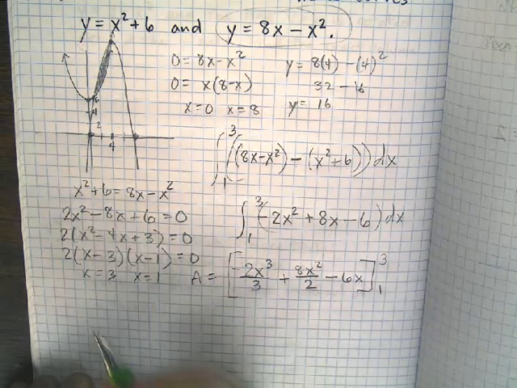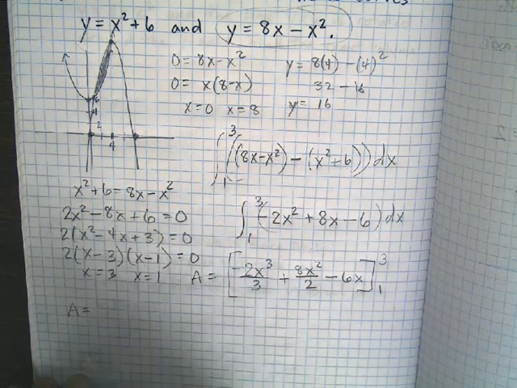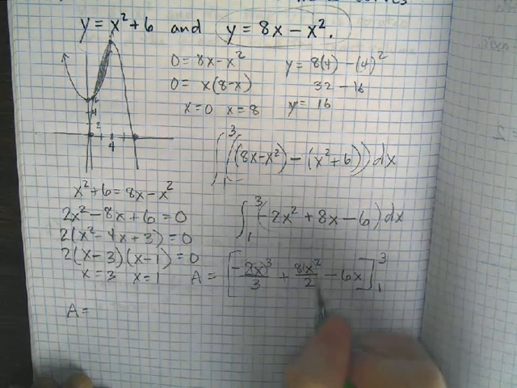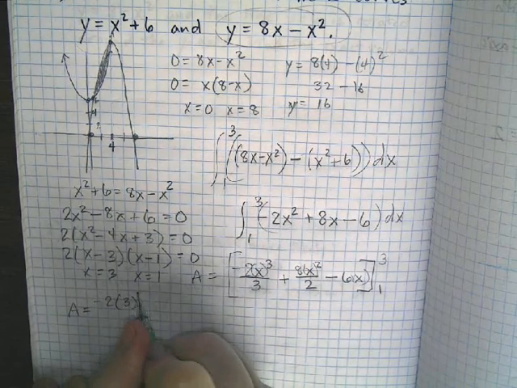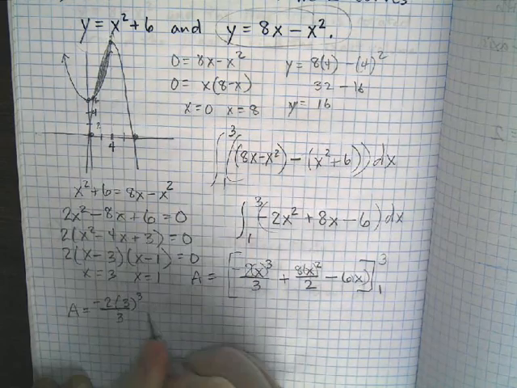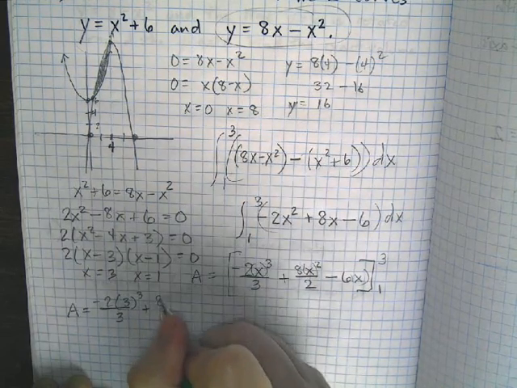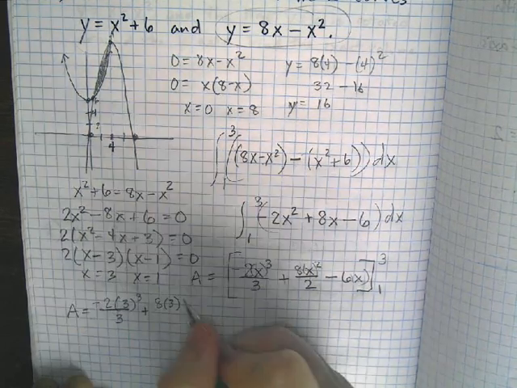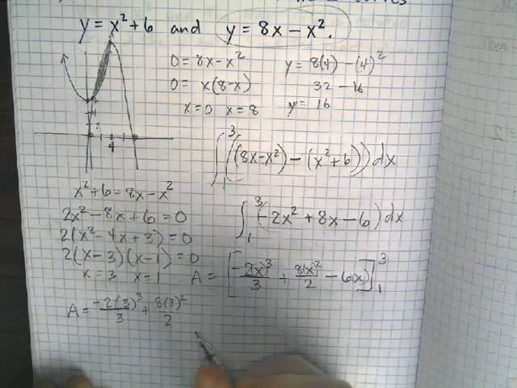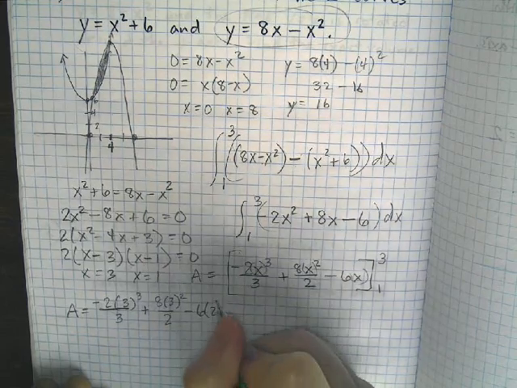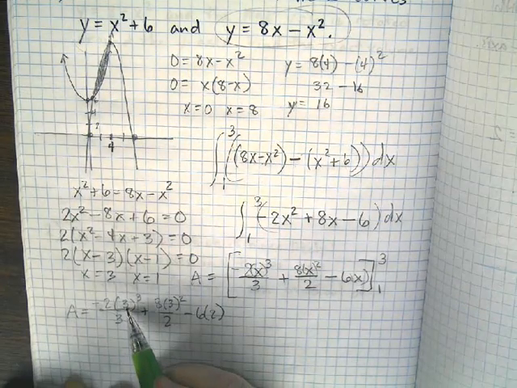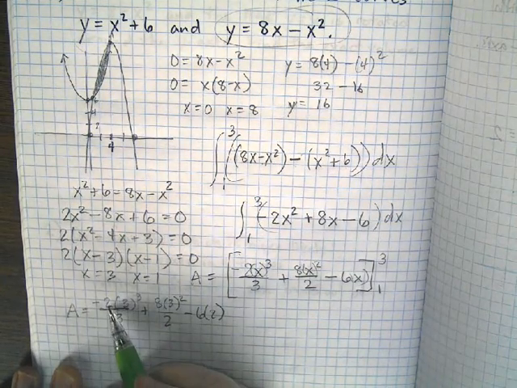So my area is going to be, I'm going to substitute in my 3 first. So I'm going to have negative 2 times 3 cubed over 3 plus 8 times 3 squared over 2 minus 6 times 2. So 3 cubed is 27. 27 times 2 is 54.